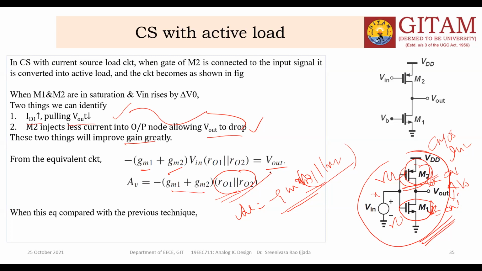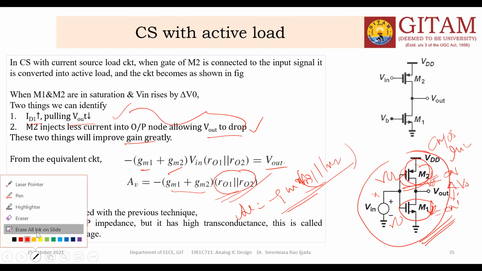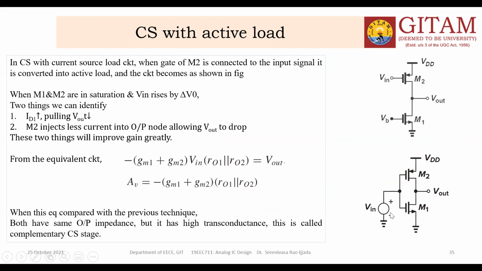Both have the same output impedance, but this one has higher transconductance. This is called the complementary CS stage, because one transistor is NMOS and the other is PMOS, connected like this. So CS with active load can be called a complementary CS stage.